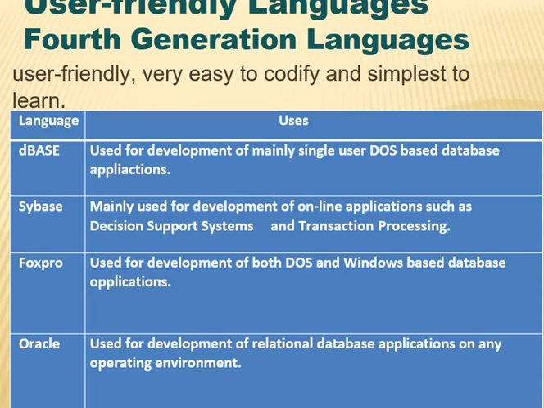So therefore a new category of languages has been developed which are very user friendly, very easy to codify and simplest to learn. These languages are called user-friendly languages and popularly known as fourth generation languages. See, most of the times you do your settings in your phones, right? So they also fall under user-friendly languages.